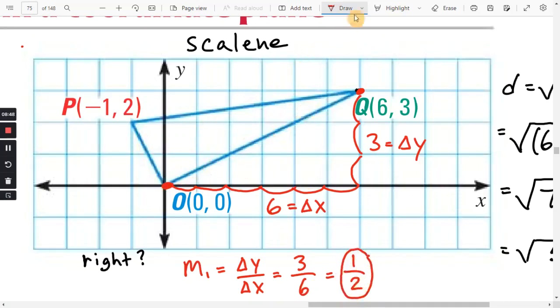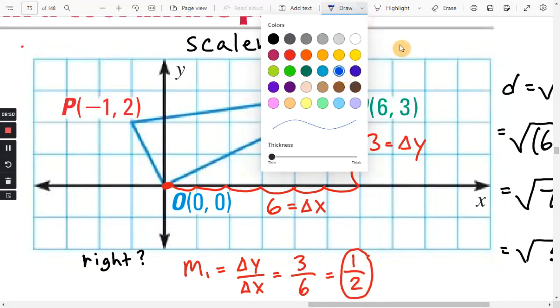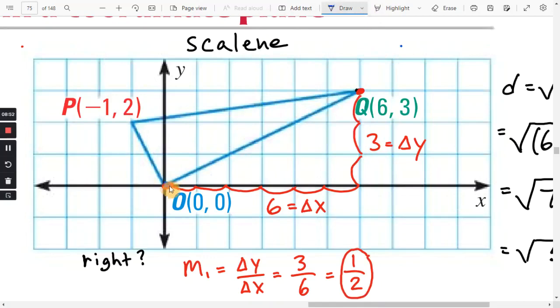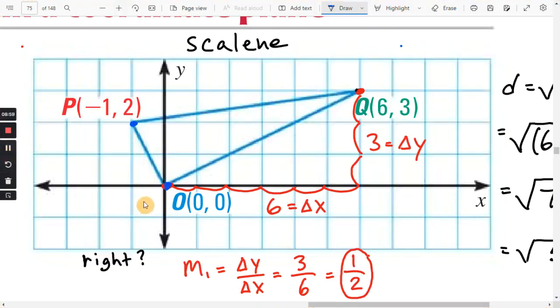Now let's do the other line. I'll do it in a different color. All right, we want to go from here to here. So first, let's count in the x direction. From here to here is 1 unit, but we went left, so that's -1. And then to reach this point here, we're going to go 1, 2 units up, that's positive 2.